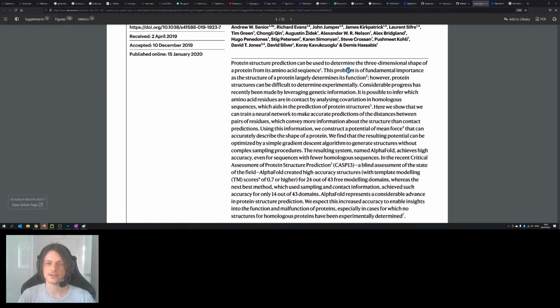This problem is of fundamental importance. Wait, sorry. Protein structure prediction can be used to determine the three-dimensional shape of a protein from its amino acid sequence. This problem is of fundamental importance as the structure of a protein largely determines its function.